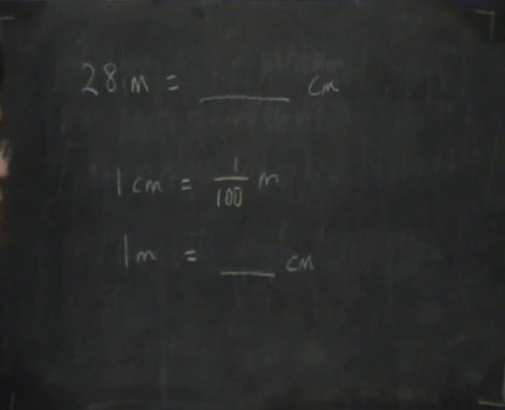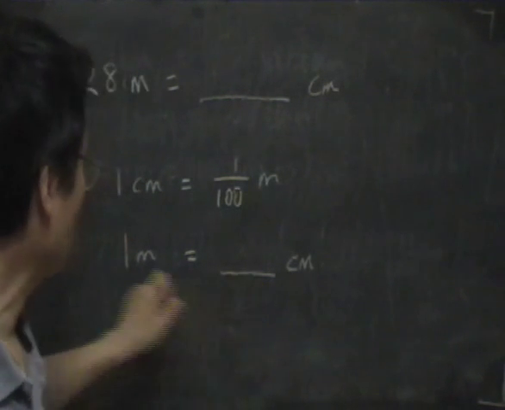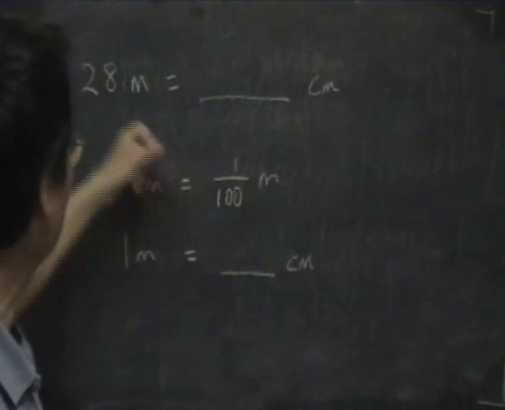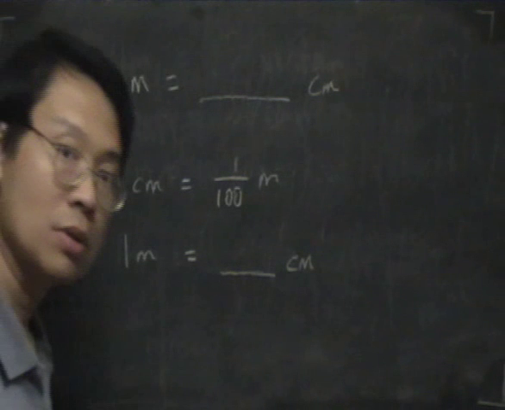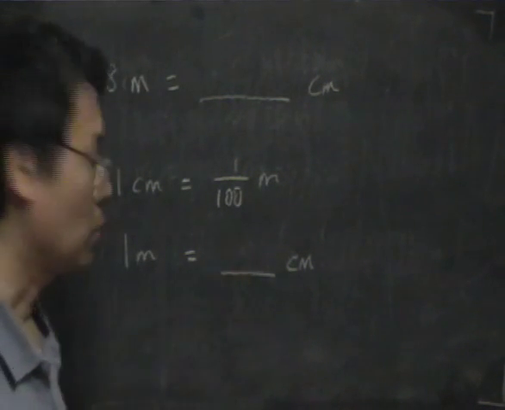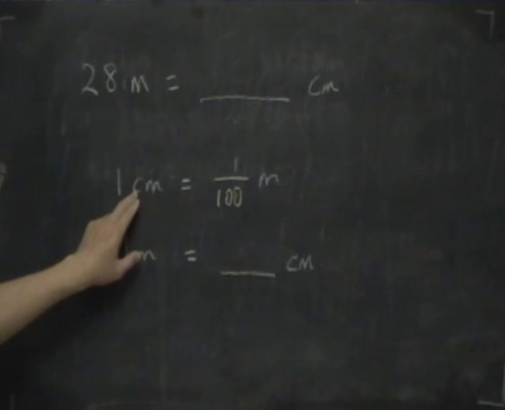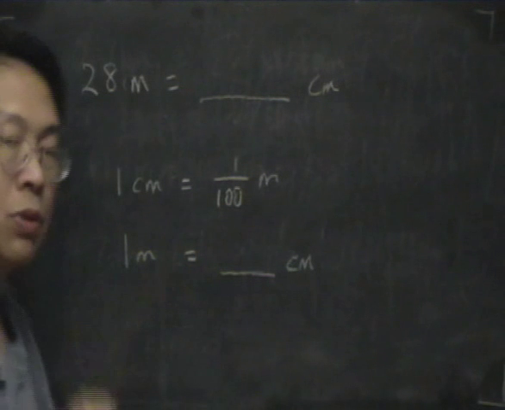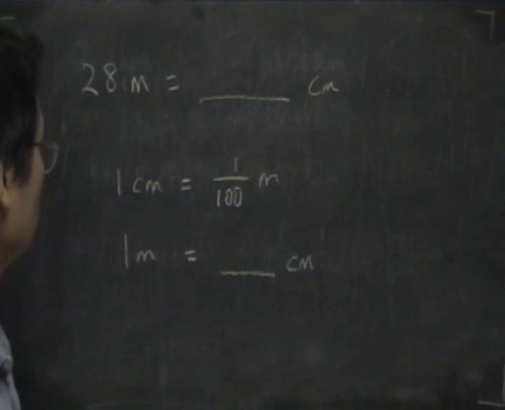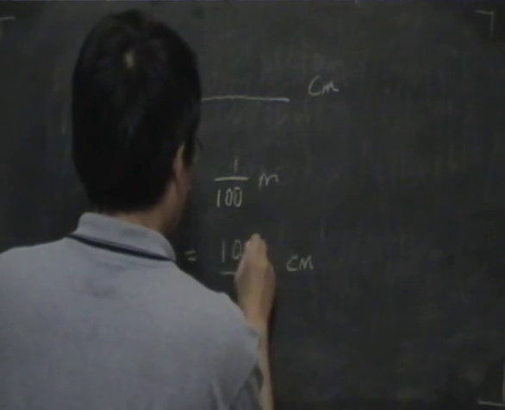Because if I know this number, all I have to do is multiply by 28 and I'll get the answer. Now, I know that 1 centimeter is 1 over 100 of a meter. So therefore, 1 meter is 100 centimeters.